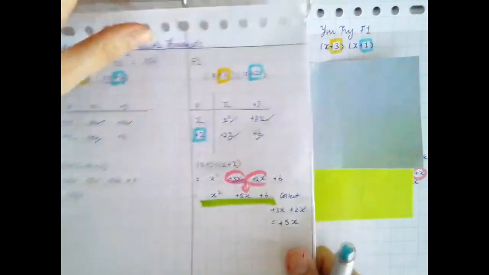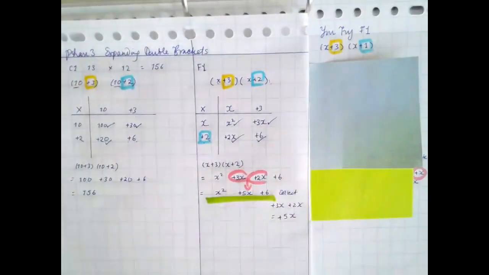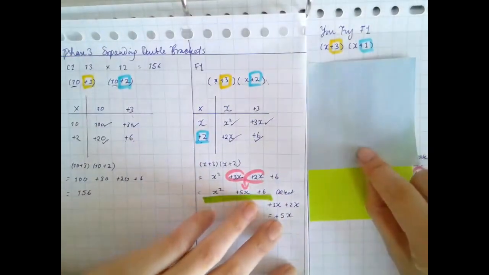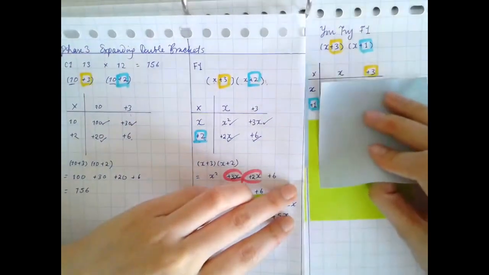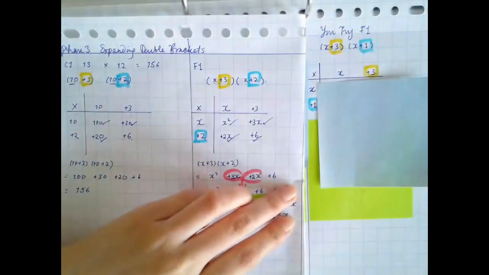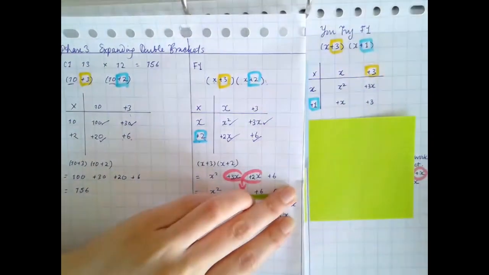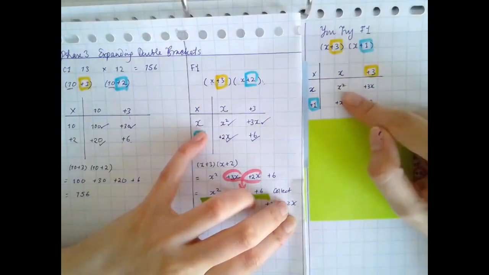Pause the video and give it a go. In about 2 seconds, I'll give a clue for what the grid should be, and in about 5 seconds, I'll give you the whole answer. Okay, so you've got your x squared together here.